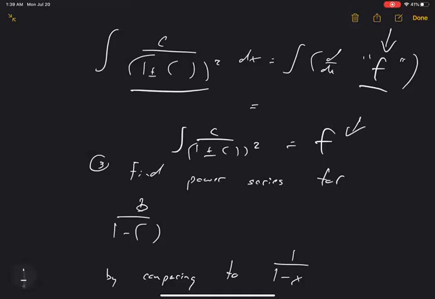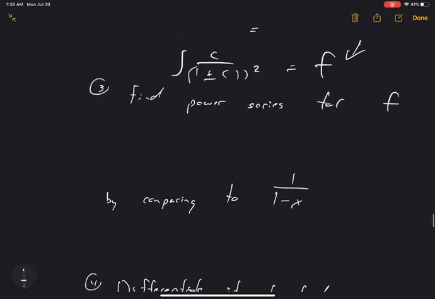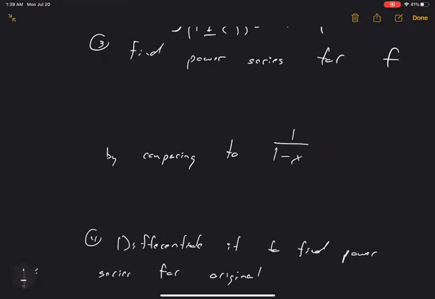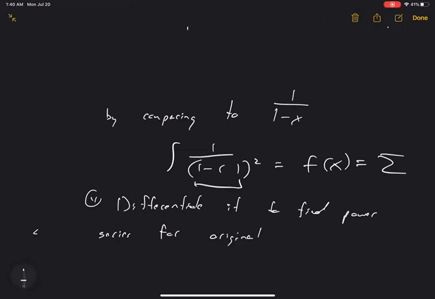We should be able to find the power series for f, and we're going to do that by comparing it to 1 over 1 minus x. So now at this point we have a function. This is the thing we started with. We integrate it, and we're saying that's equal to f. And then we should be able to find a power series for f.